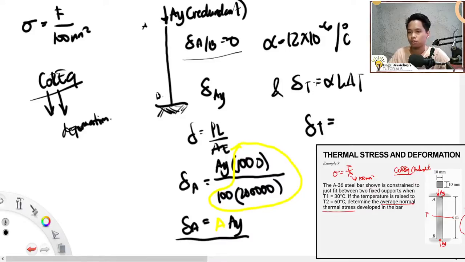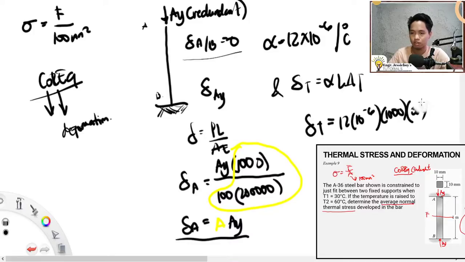So this would be 12 times 10 to the negative 6. Your original length is 1,000. And your change in temperature is final minus initial, so that should be 60 minus 30, which is 30 degrees Celsius. This is per degree Celsius, so it cancels out anyway.